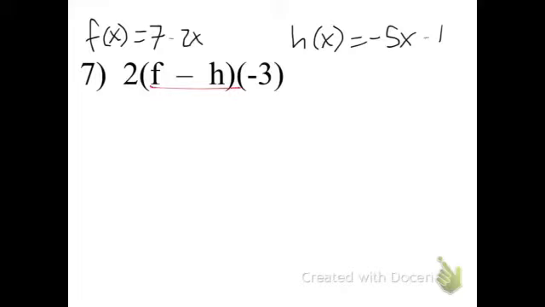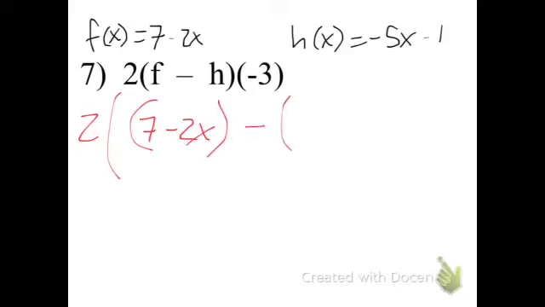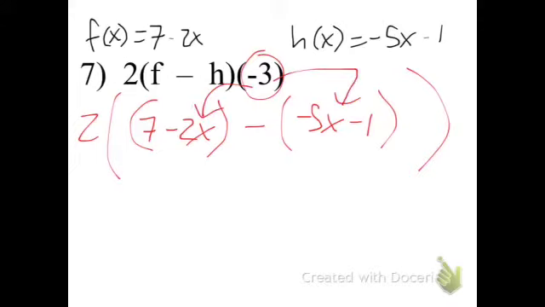We got to do f minus h. Make sure you keep your 2 out there up front. We're going to do 7 minus 2x minus h, which is negative 5x minus 1. And I think I'm going to put negative 3 in now rather than later.